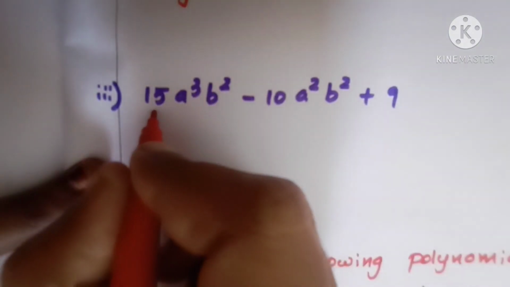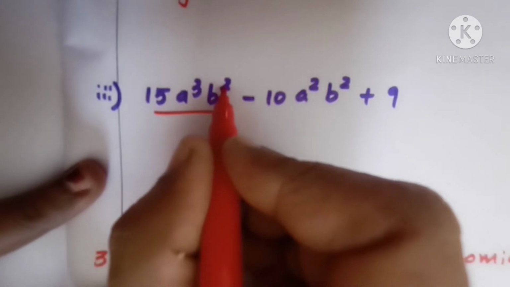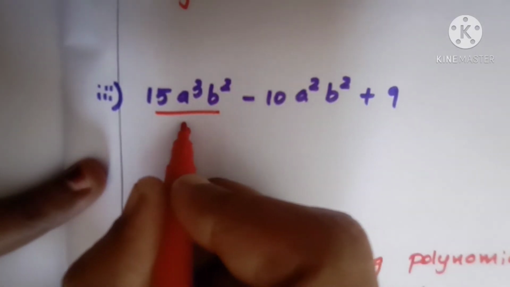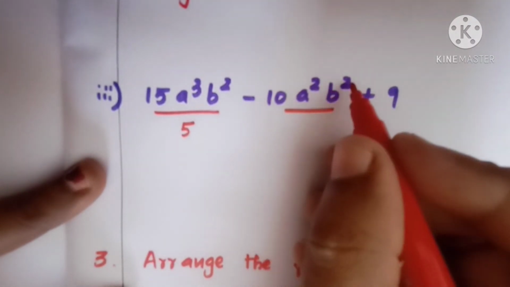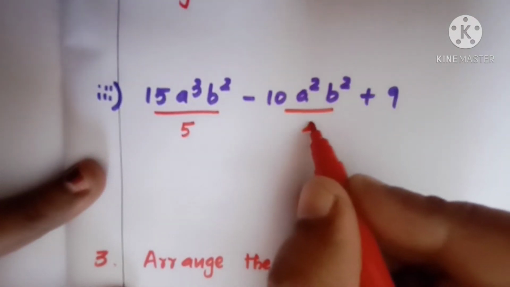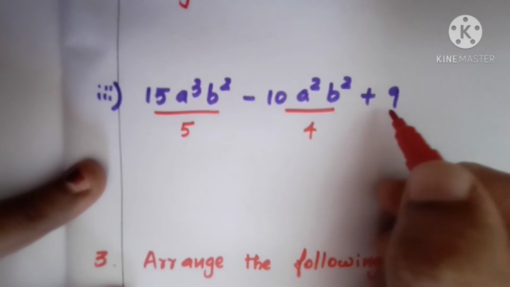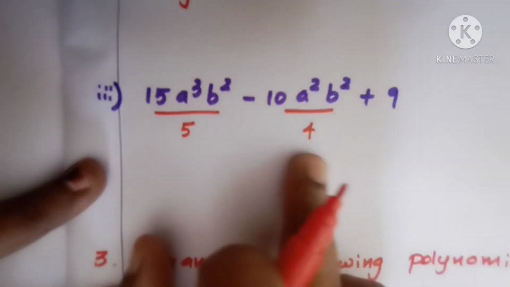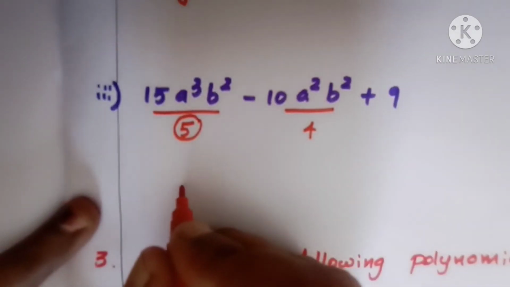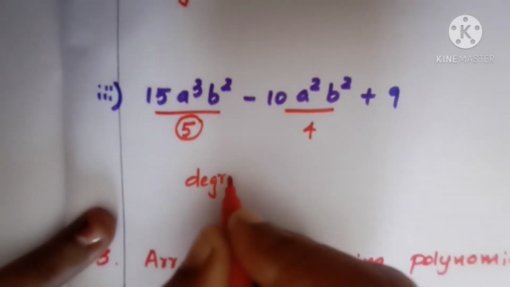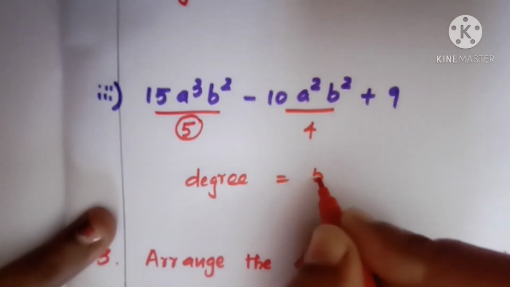For the first term, a cube b square, the degree is 5. And the second term, a power 2 and b power 2, so the degree is 4. For the constant term it is 0. So which one is the highest one now? Yeah, 5. So what is the degree of that polynomial? Degree is equal to 5.